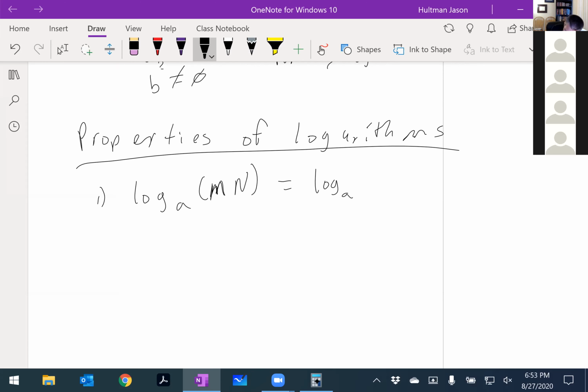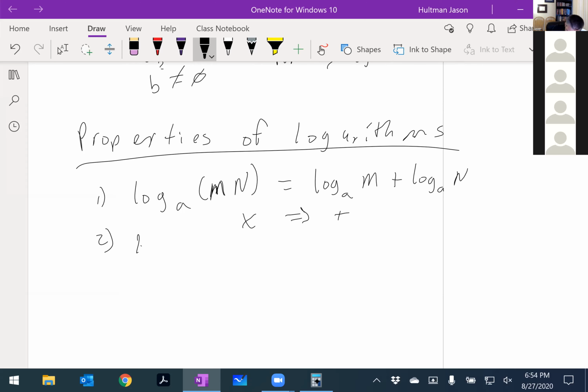This is log base a of m plus log base a of n. So a product becomes a sum. Product to sum. Multiplication implies addition.